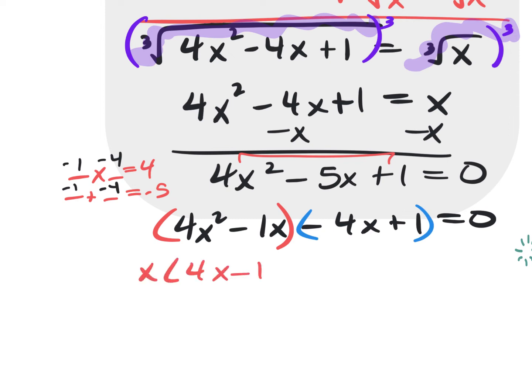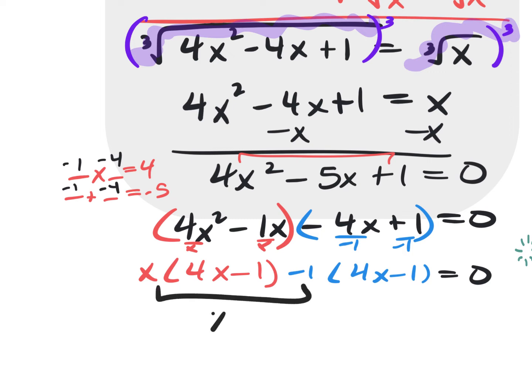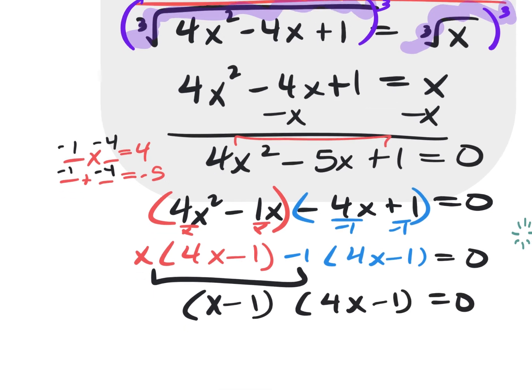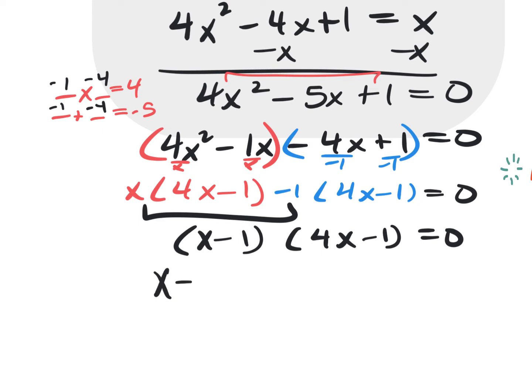I'm left with 4x minus 1. GCF of blue is going to be -1. And then my signs flip. So now I take the two GCFs, they go together. And then the one that's in common, the 4x minus 1, is the other binomial. Set each of the binomials equal to 0.